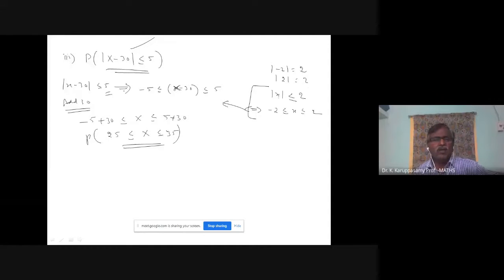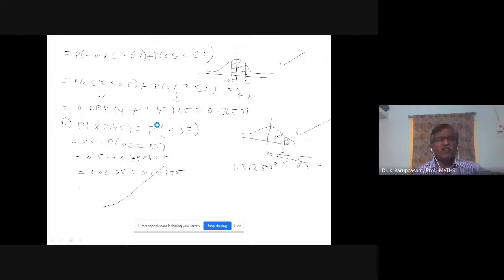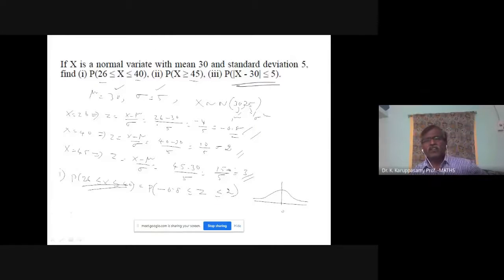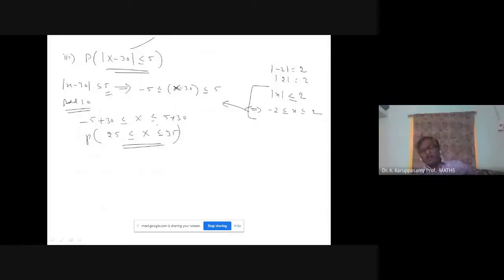That's all. Now x equal to 25 will give a z value, and x equal to 35. We have not yet discussed 25 and 35, so we have to do it once again. Anybody who has a doubt, please ask. If you want, I can explain this once again.